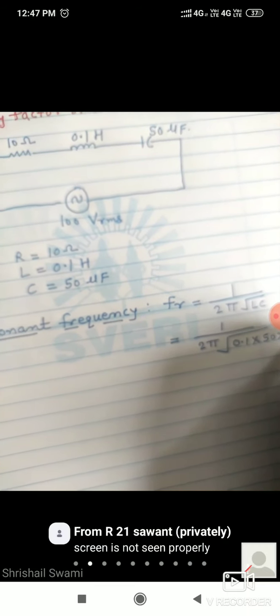L value is 0.1 into C value is 50 into 10 raised to minus 6. So tell the answer of resonant frequency. Anyone?